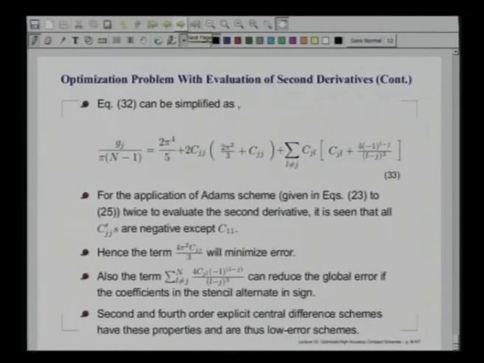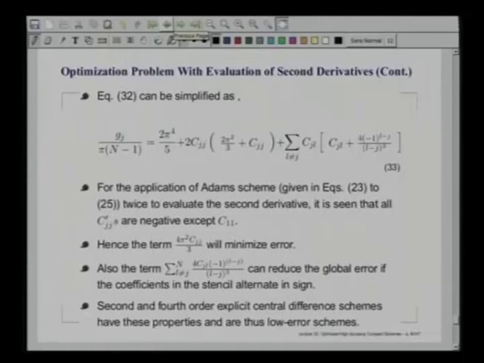Okay. So, I would like to stop here itself and say that we have stated the way how we can optimize compact schemes. In doing so, what we really need to worry about is not only the central stencil, but the boundary closures are equally important.